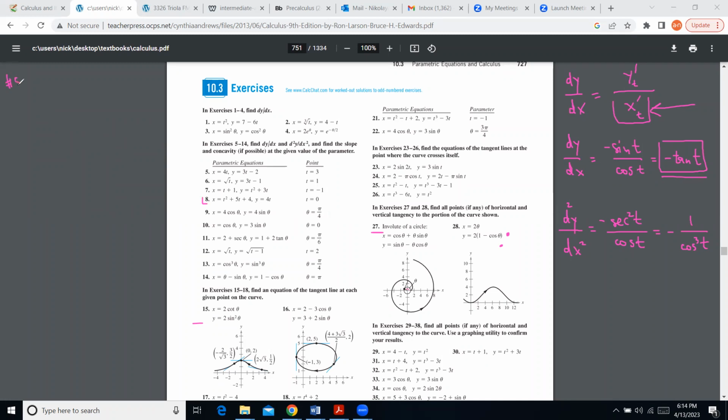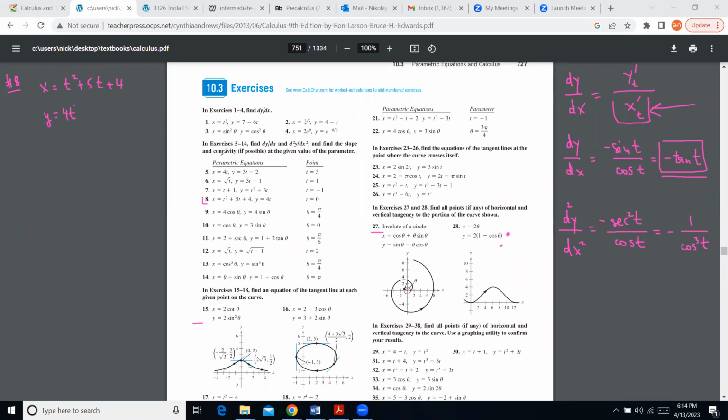polynomial setting first. So if your function x is t squared plus 5t plus 4, and then y is 4t, you're given the curve parametrically.